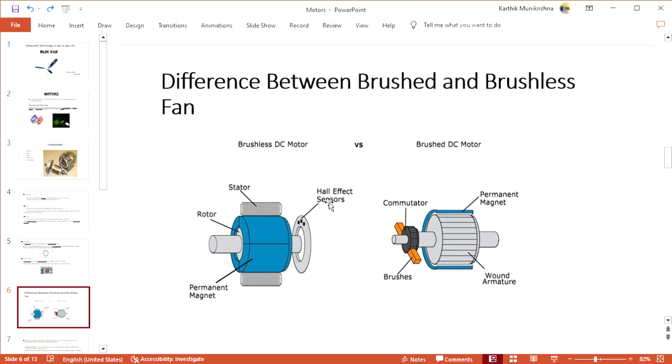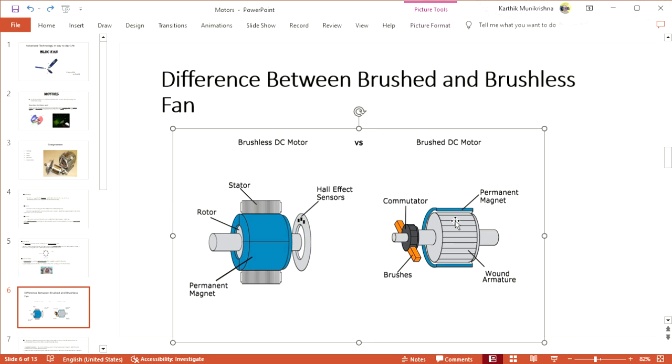So this we can say is advanced technology. Conventional motors are nothing but brushed motors, with commutator, brushes, permanent magnet and wound armature. So how will it help in real life?